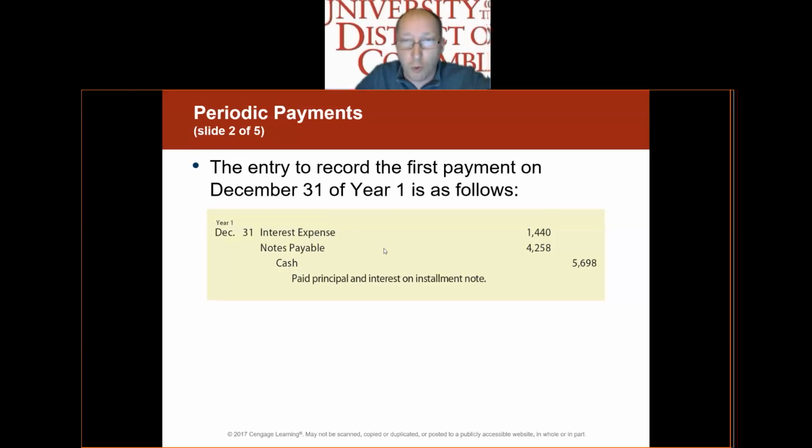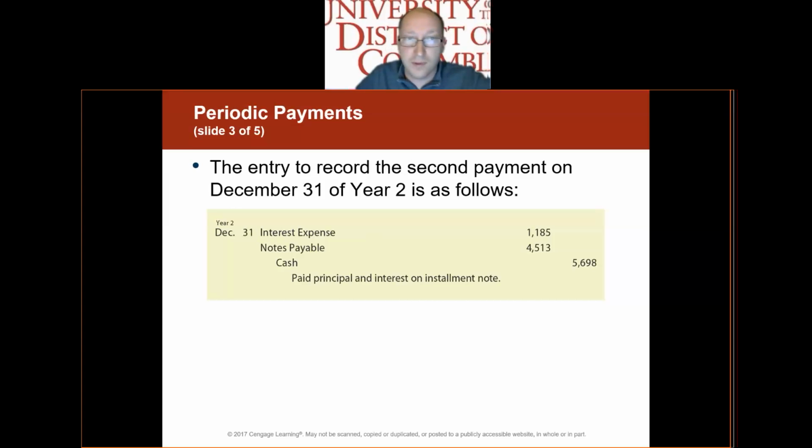The reason why is because the interest over the life of the loan decreases because the balance of the loan decreases.